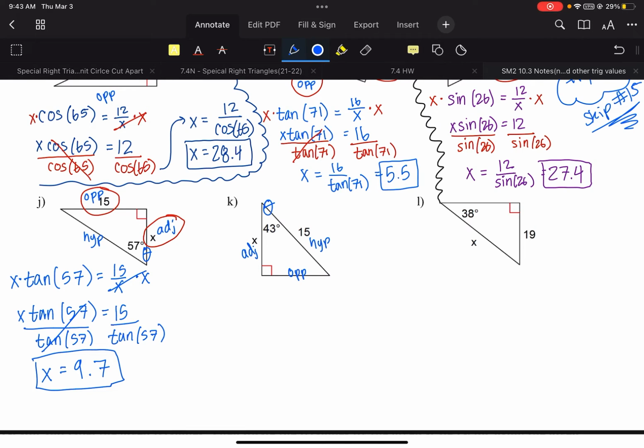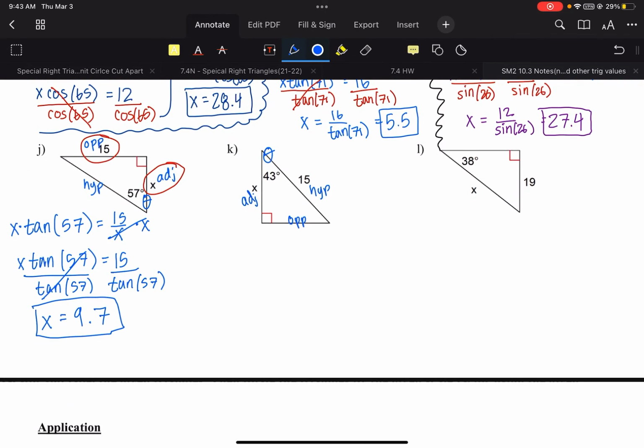Okay. I have the hypotenuse and I have the adjacent, so I am going to use the cosine. So the cosine of 43 is equal to x over 15. I'm going to multiply both sides by 15, so 15 cosine of 43 is equal to x.